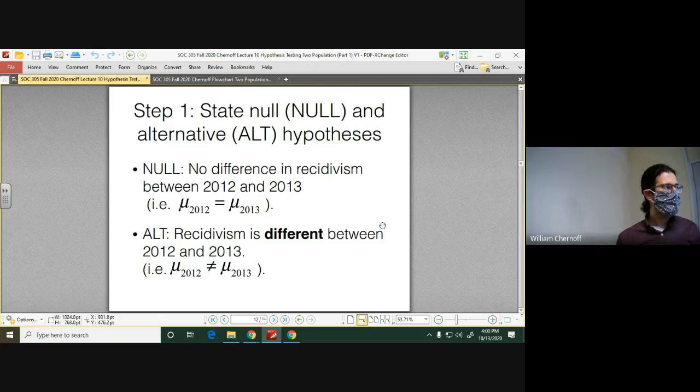So if you ever see some kind of blurb talking about what's going on between two populations, and it talks about how somebody thinks that they're the same or not different from each other, then maybe you're the doubting scientist. Or if you're asked to come up with a null hypothesis, you want to put on your doubting scientist hat, and that's how you figure out your null hypothesis.